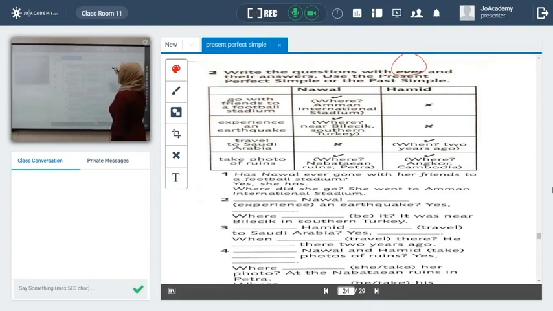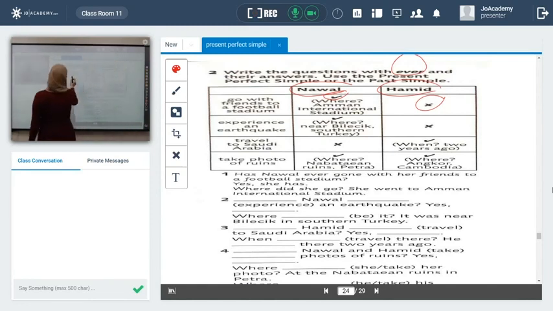Use the present perfect simple or the past simple. So we can use 2 tenses here. Be careful. So this is Nawal, and this is Hamad. When we have a tick, that means the answer will be yes or affirmative. When we have a cross, that means we're going to answer in the negative. Let's read the table together.